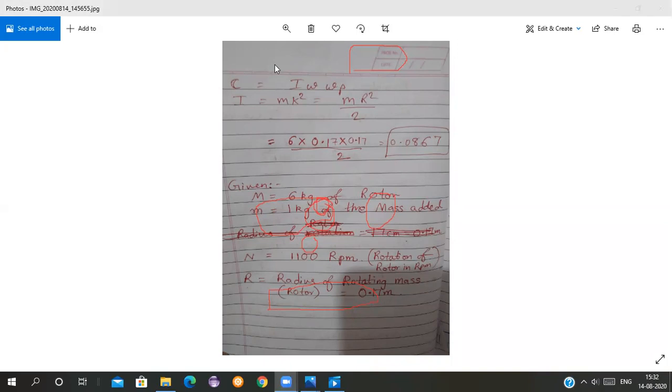So now you can calculate I omega omega p. I is 0.08. Omega is 2 pi N by 60, that is 2 pi into 1100 upon 60. So you can find that also, and omega p.